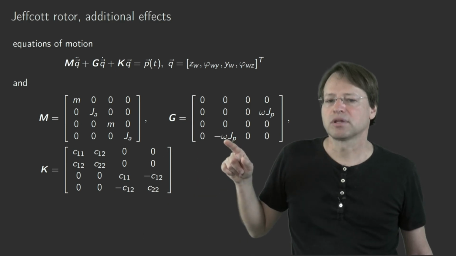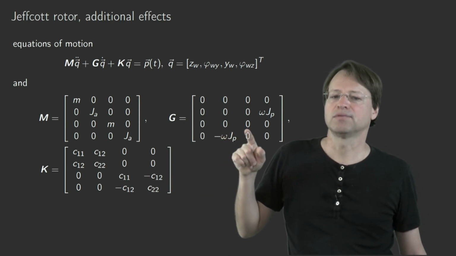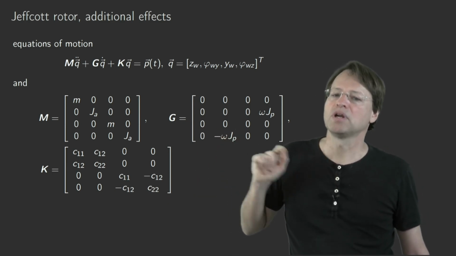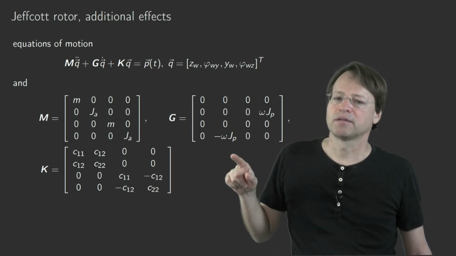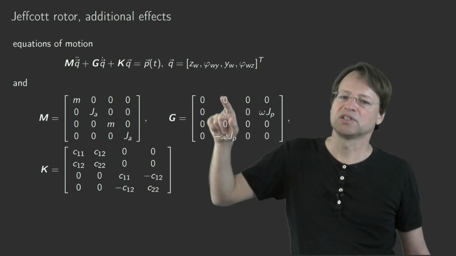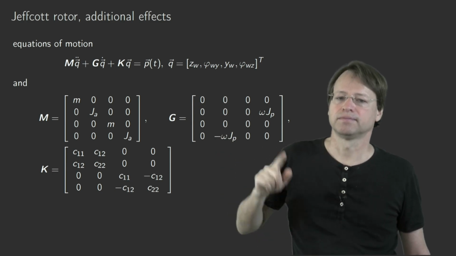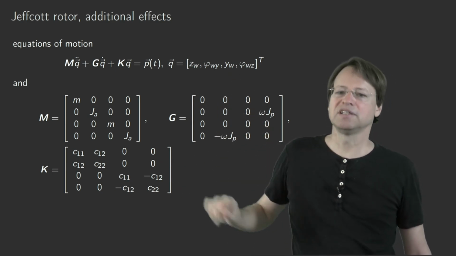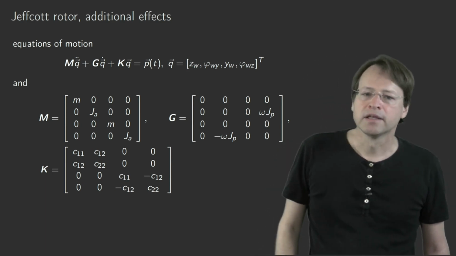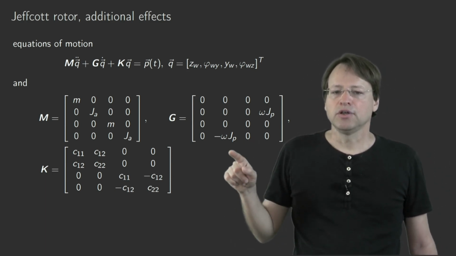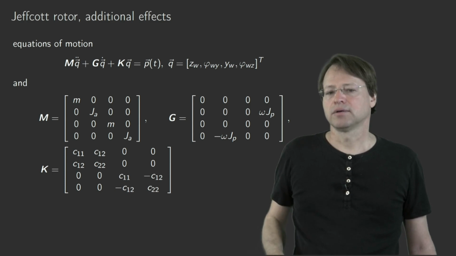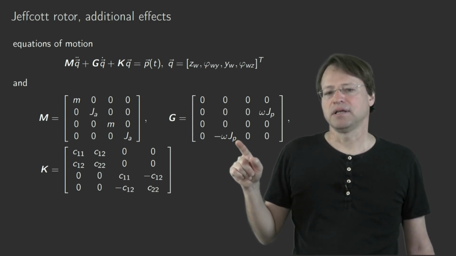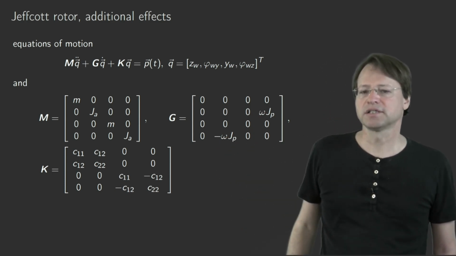The angular momentum theorem has a contribution, as we derived it, from the polar mass moment of inertia, and that polar mass moment of inertia is then related to the other angle, as you can see here, to the first derivative of the other angle, as we did it in the derivations. So you get omega, rotational speed, times Jp, and then the corresponding signs here.